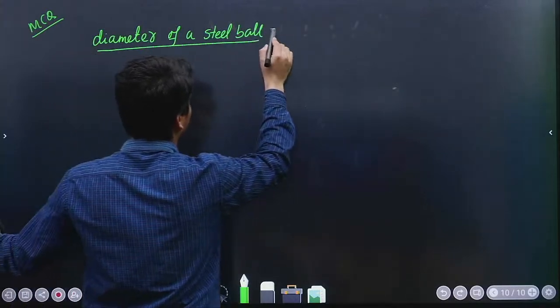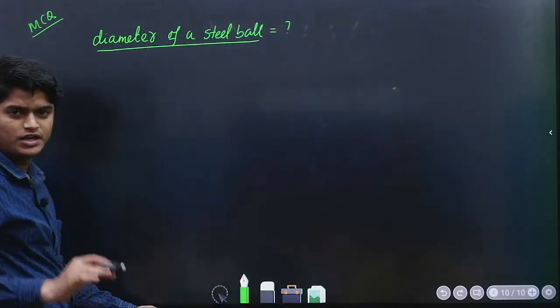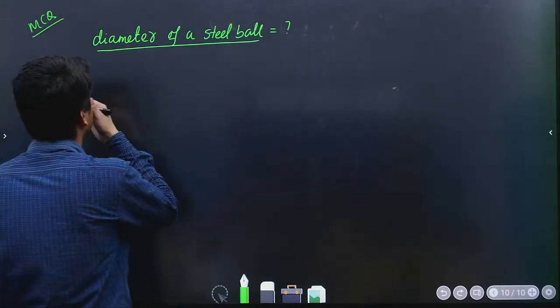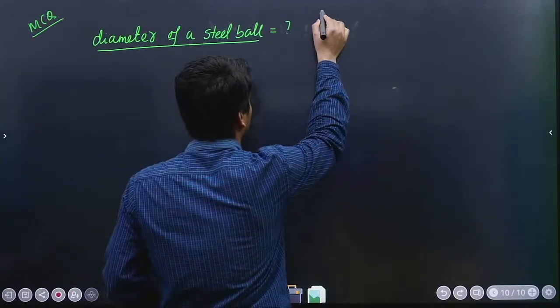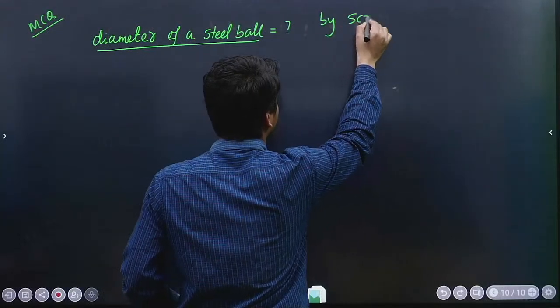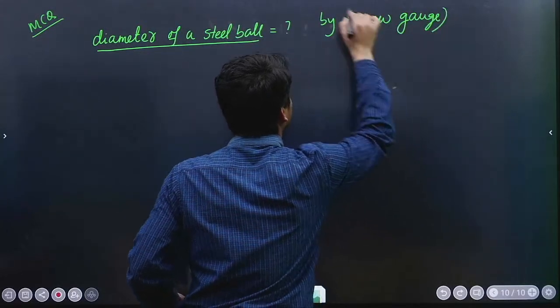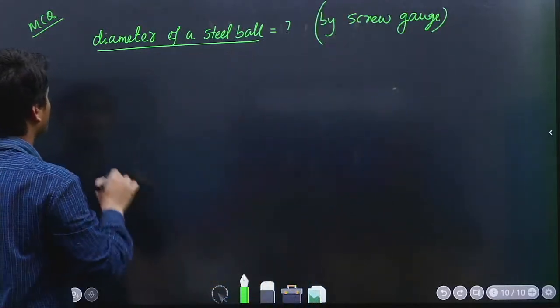He wants to measure the diameter of the steel ball. He has already taken some measurements. He is measuring by screw gauge.